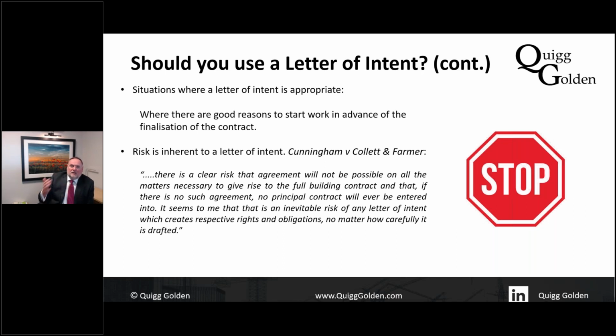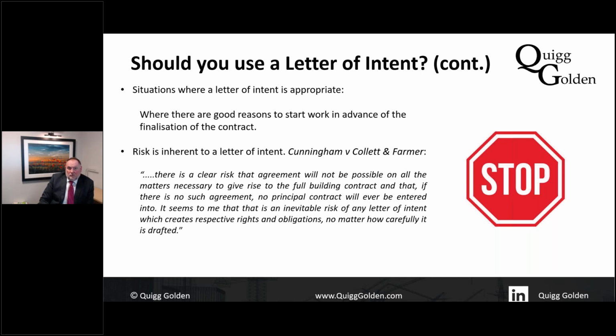And entering into a letter of intent allows the main contractor to go ahead and place those advance orders, knowing that if the contract negotiations break down, he's still going to get paid for any obligation with those advance orders. But again, from Cunningham, the warning: there's a clear risk that agreement will not be possible on all the matters necessary to give rise to a full and binding building contract.